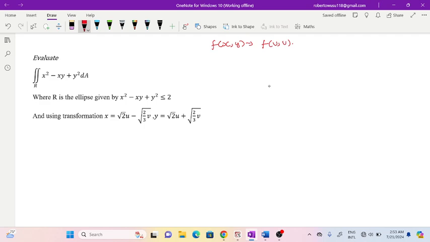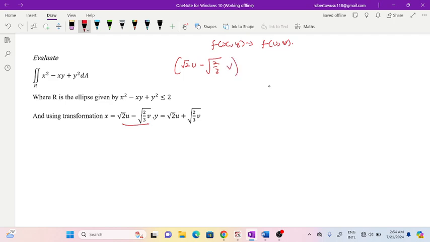The very first step you have to do is make the substitution for your new variable. You're going to have x squared. So you take everything here and you're going to have the square root of 2 times u minus 2 over 3 v. Please take note, this v is outside, so it was a question mistake.